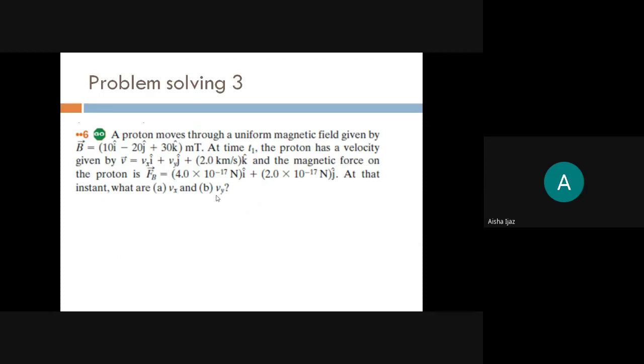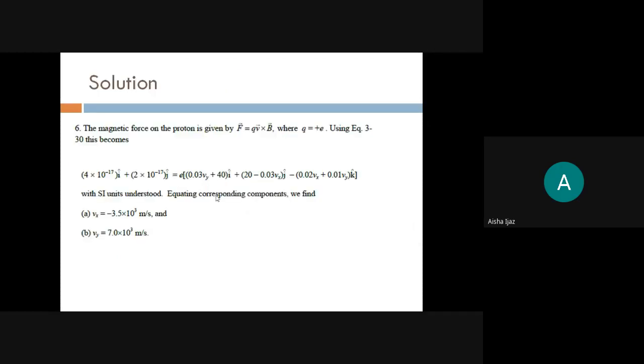Again, students, the hint will be: use F equal to Q, V cross B, open the determinant and compare the coefficients of i, j, and k. You will have two equations. The steps are missing here, so you will do it at your home and then discuss with me in the class, in the online session, inshallah. If you have any problem, you can discuss with me.